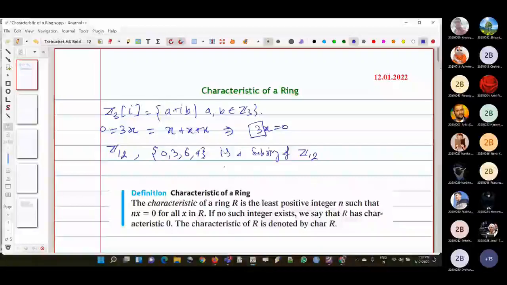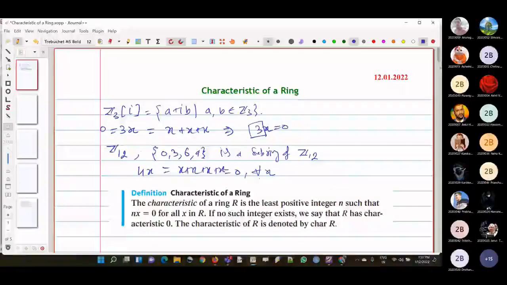We can have 4 times x, which equals x plus x plus x plus x, and this equals 0. And this is true for all x.